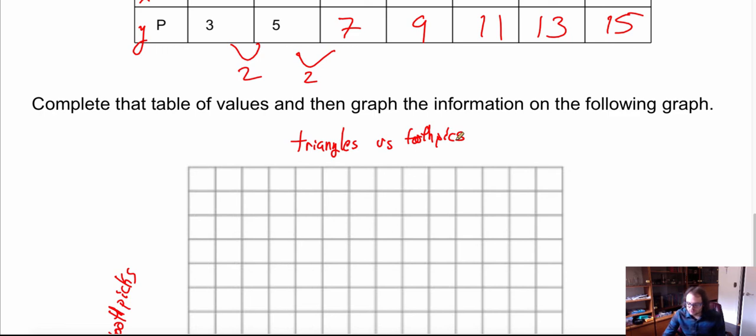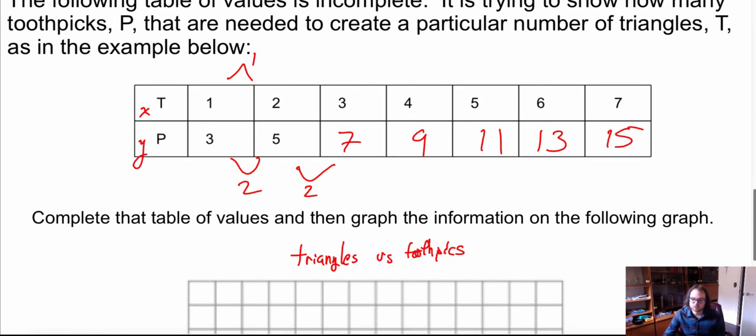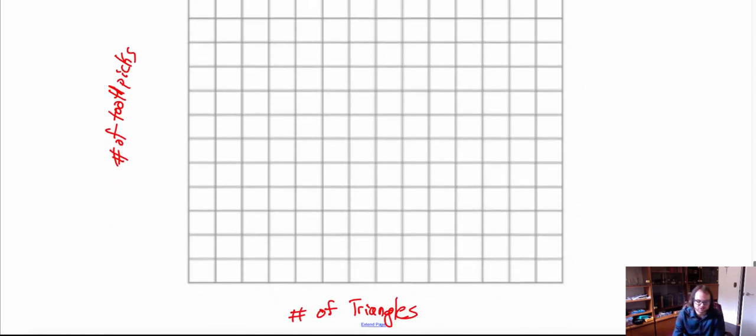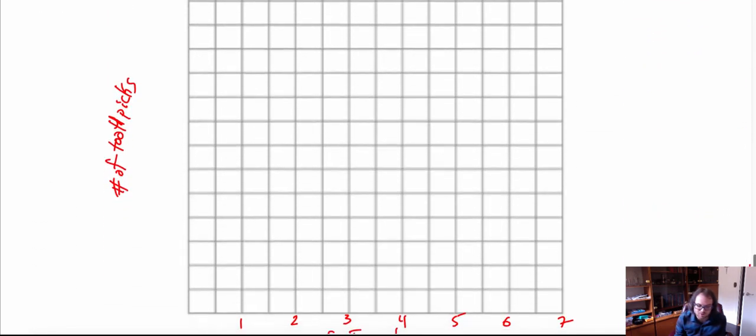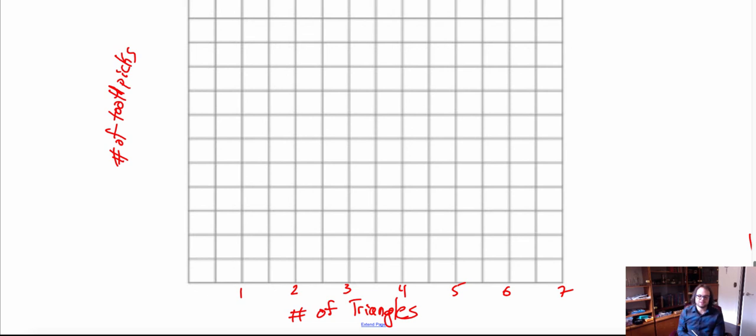Alright, so let's look at this here. My triangles will only go up to 7, and we have 14 here, so I'm going to count each of these by 2. So this is going to be 1, 2, 3, 4, 5, 6, 7. And for the toothpicks, we're going up to a total of 15, and we only have 14 here, so I might not even get the 7th on here.